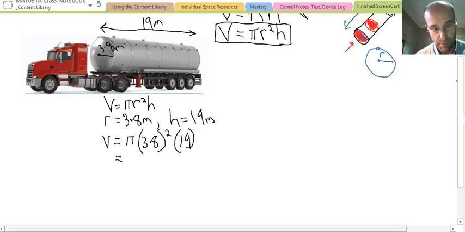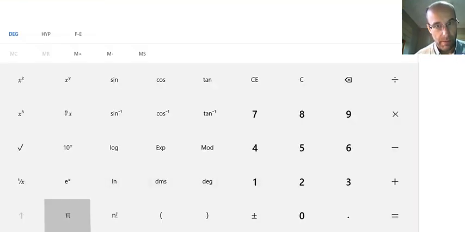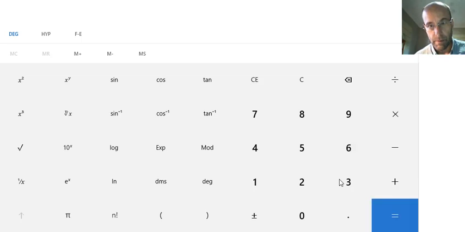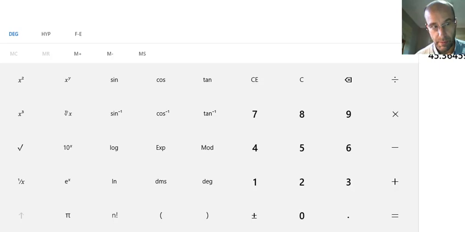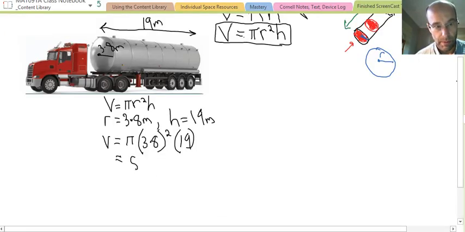Now we compute that: pi times 3.8, and that's squared, times 19. I get 861.93 cubic meters.